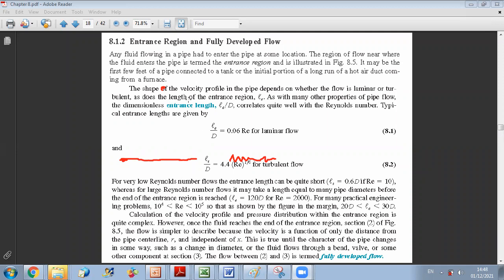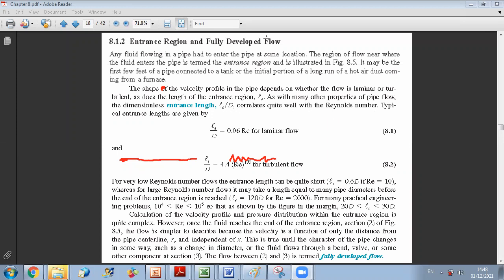Now, the shape of the velocity profile in the pipe will depend on whether the flow is laminar or turbulent, as does the length of the entrance region. As with many other properties of pipe flow, the dimensionless entrance length correlates quite well with the Reynolds number.